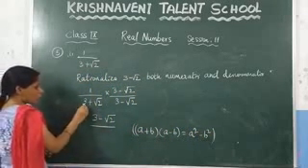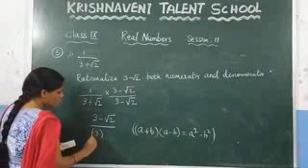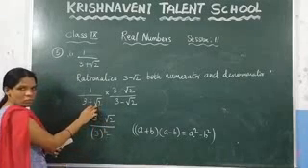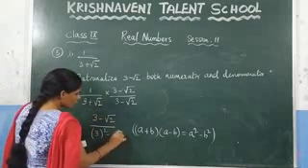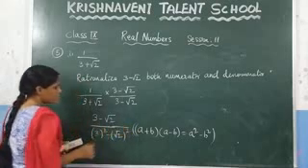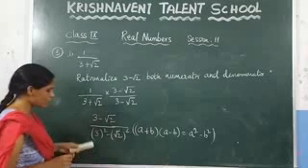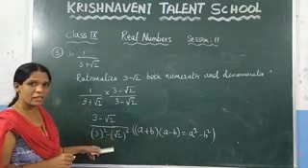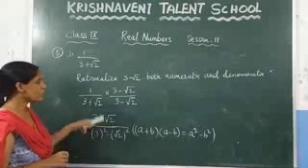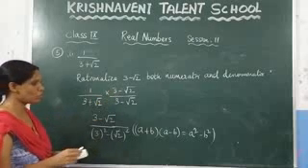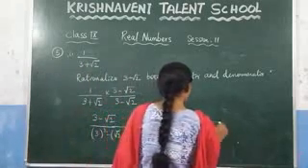Now here, what is the value of a? 3 square minus, what is the value of b here? Root 2. Root 2 whole square. Now you can observe that this square and this root will get cancelled. In the denominator, we are getting a rational number. For that reason, we rationalize with 3 minus root 2. Now what do you get here?